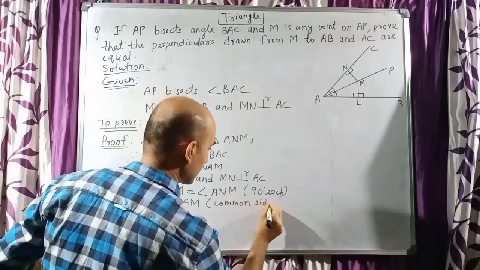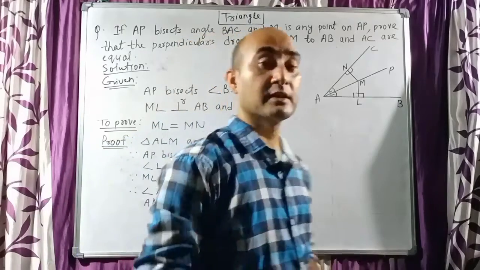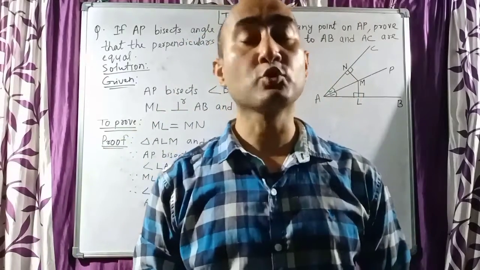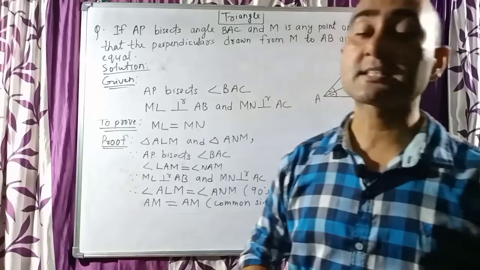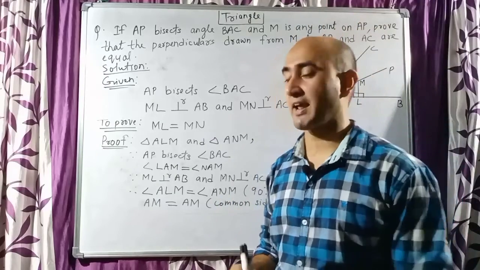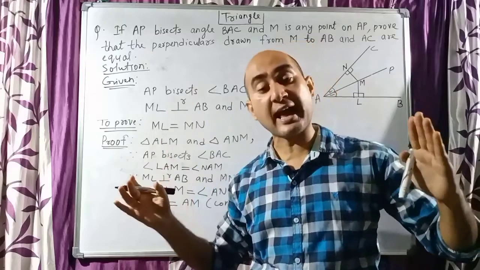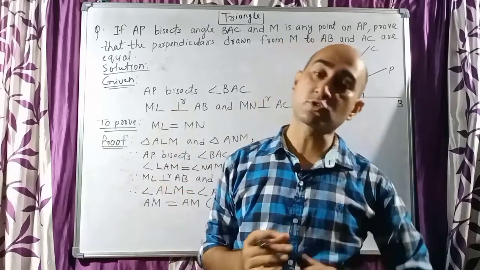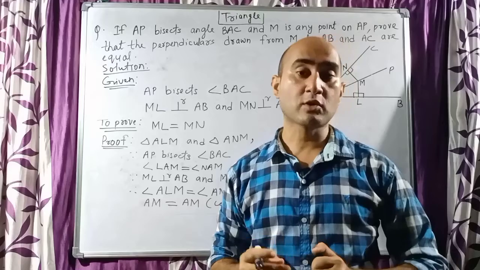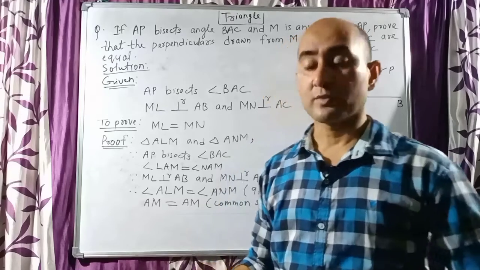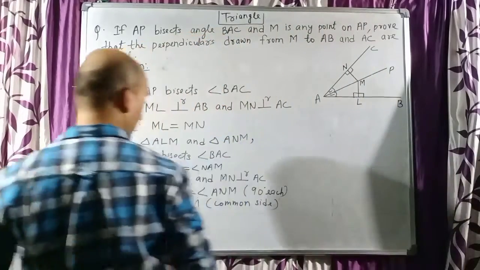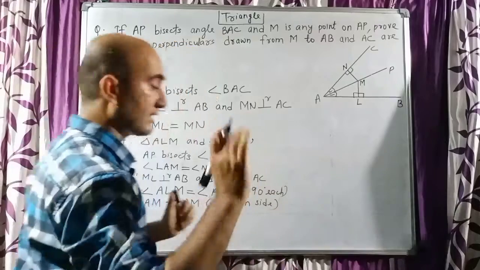It is common to both. So when three things of two triangles are equal, they are said to be congruent triangles. And when they are congruent, automatically the other remaining angles and sides also will be equal. That is called CPCT, corresponding parts of congruent triangles are equal.